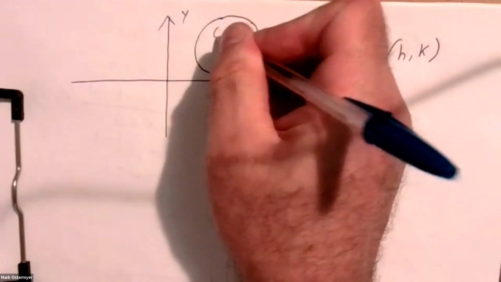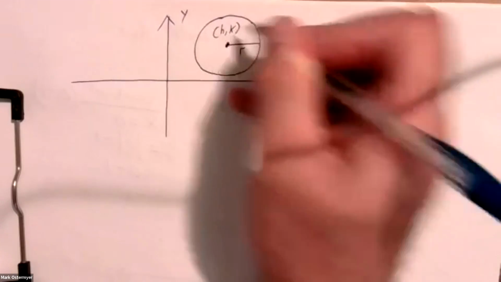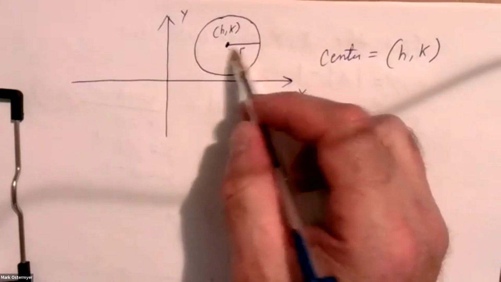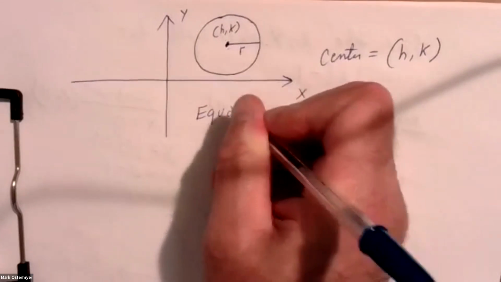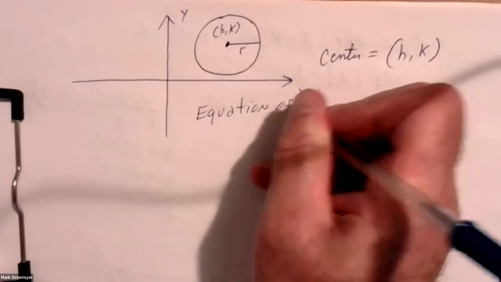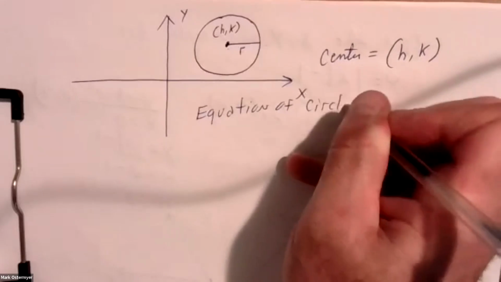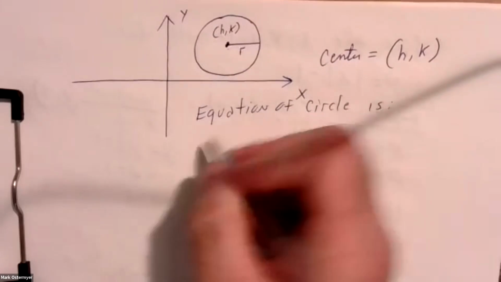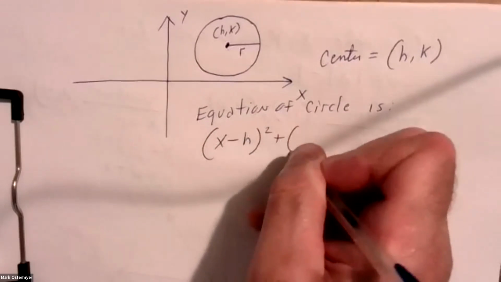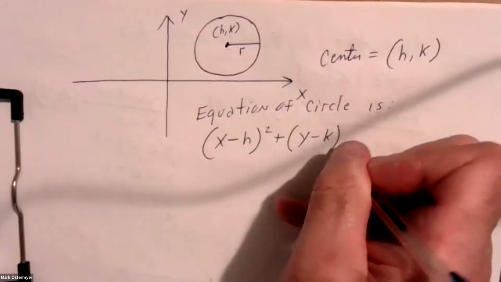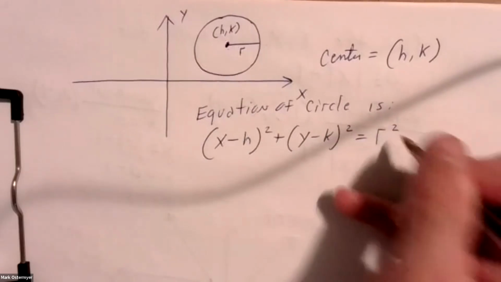So therefore, if the center point of this circle is (h, k) and the radius has a length of r units, then the equation of this circle is going to be this. It's going to be x minus h quantity squared plus y minus k quantity squared equal to the radius squared.